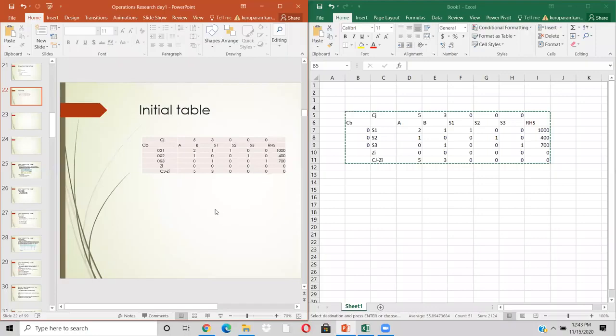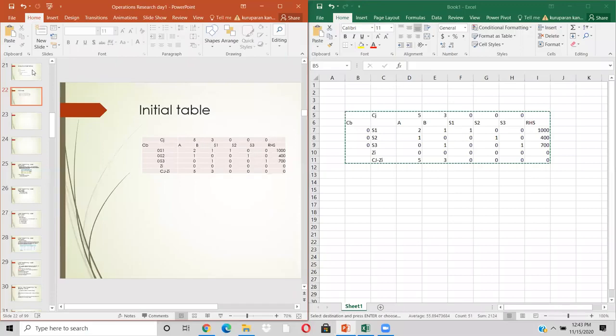CB. Okay, fine. How do I get the value for CB? CB is the coefficient of these basic variables. For S1, what is the coefficient in the objective?